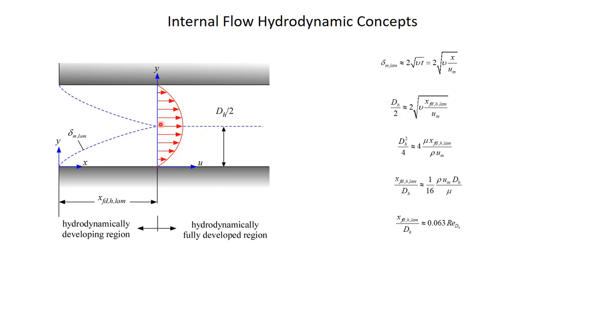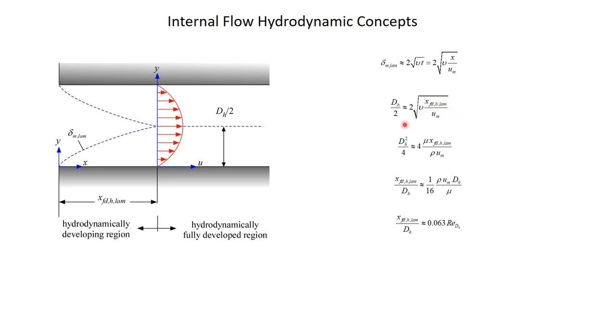It extends halfway across the duct. So if I plug in dH over 2 for this momentum boundary layer thickness, and I plug in x sub FDH laminar, so x fully developed, hydrodynamic, laminar, this is my laminar hydrodynamic entry length. I have an equation that lets me calculate x sub FDH laminar.